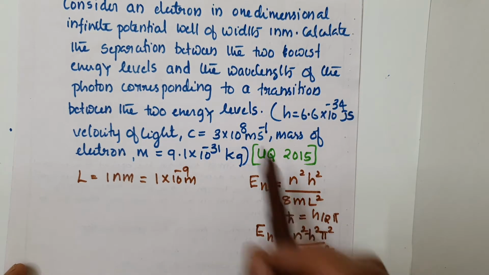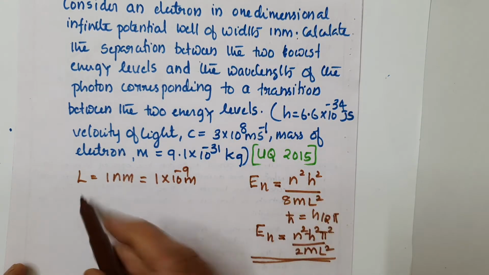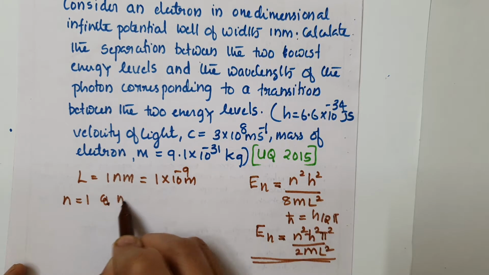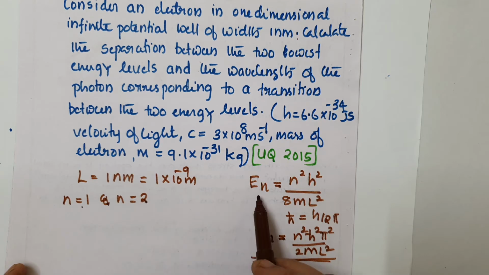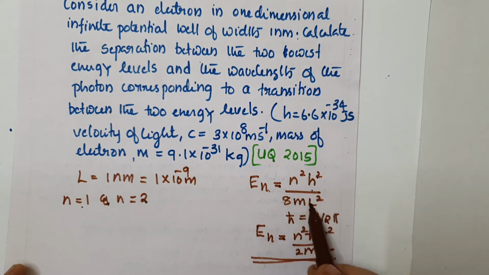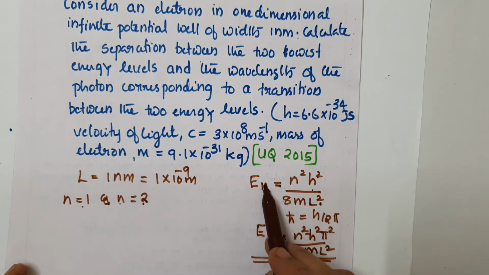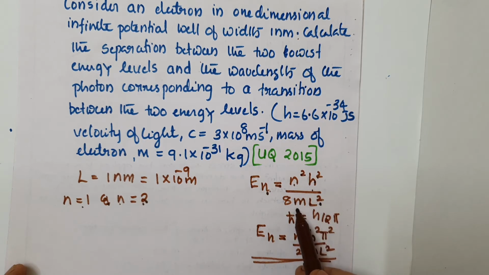Now calculate the separation between the two lowest energy levels. The two lowest energy levels are n is equal to 1 and n is equal to 2. For n is equal to 1, E1 is equal to 1 square h square by 8mL square, and for n is equal to 2, E2 is equal to 2 square h square by 8mL square.